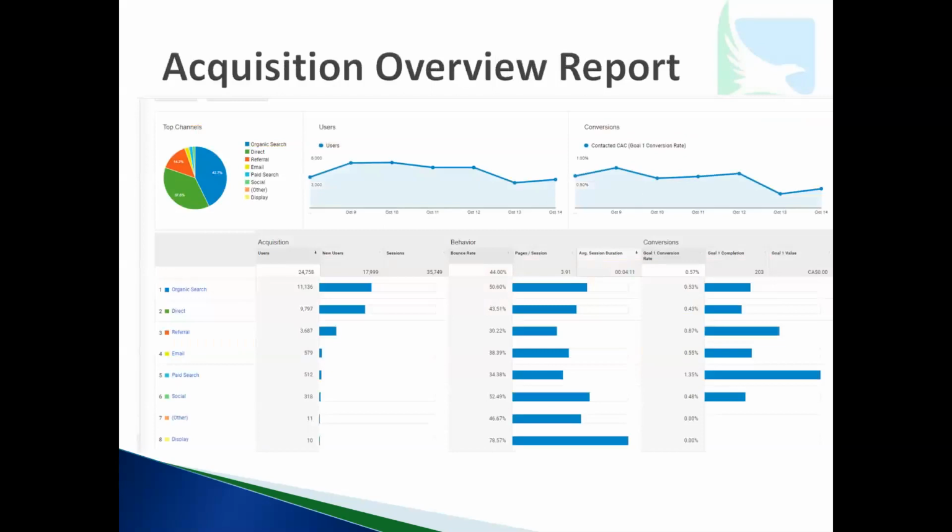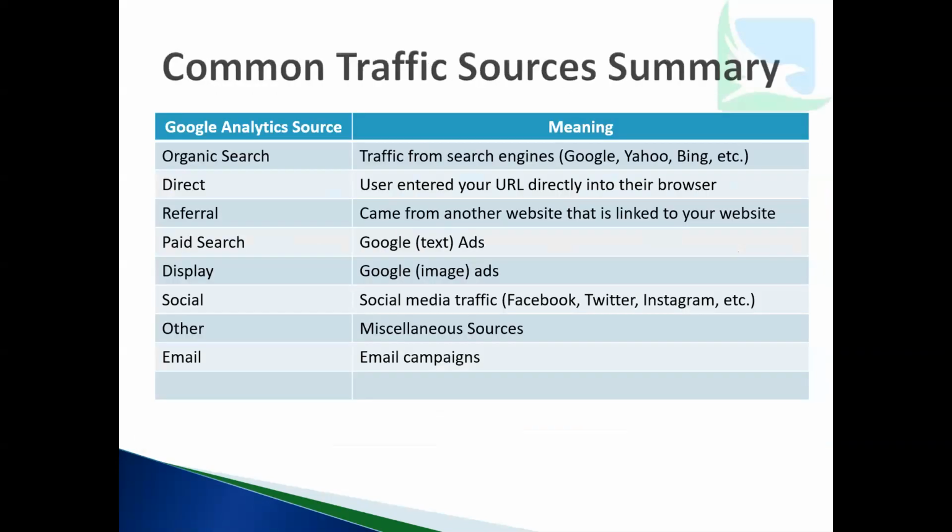Okay, the acquisition report, the overview report. Again, this has some pretty general information. It tells you where your traffic is coming from. It tells you a little bit about what that traffic is doing. And here are the common terms that you will see in that traffic report.